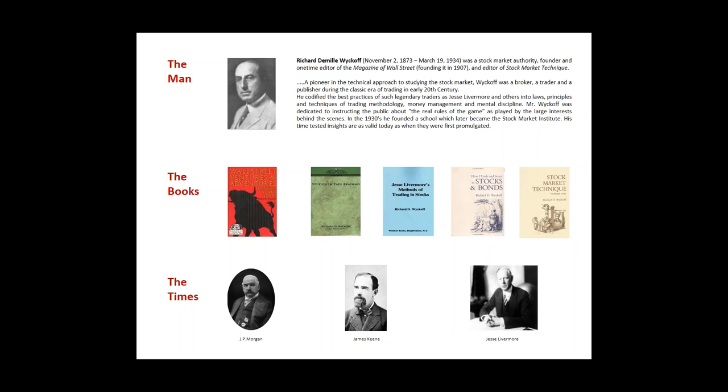What we're going to introduce today is a methodology that is based on what he discovered, and the principles of successful speculation in financial markets are today very much the same as they were back in that era.